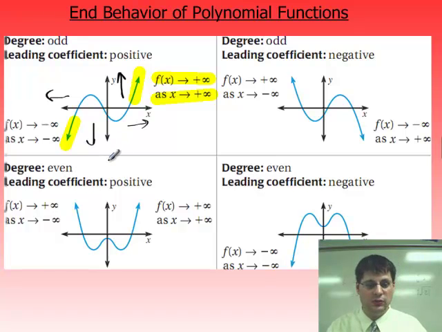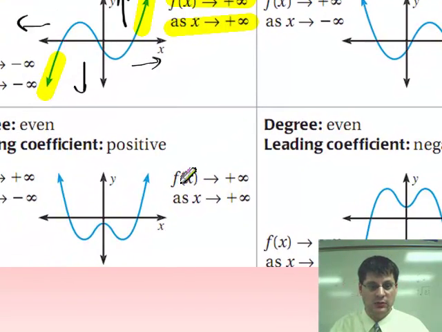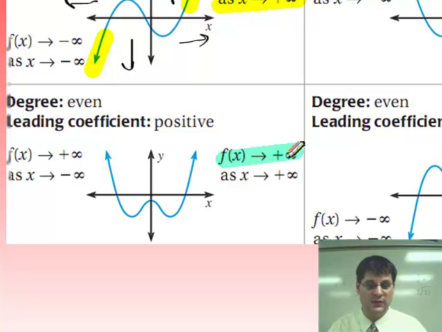Whereas if it's even degree, both sides are going to end up going up, or they're both going to go down. So if it's an even degree and it's positive, they're both going to go up. So we would express that as, the right end behavior, f of x approaches positive infinity as x approaches positive infinity.